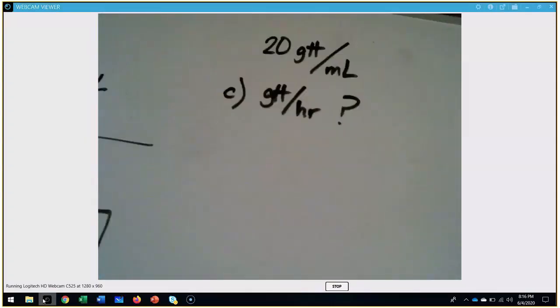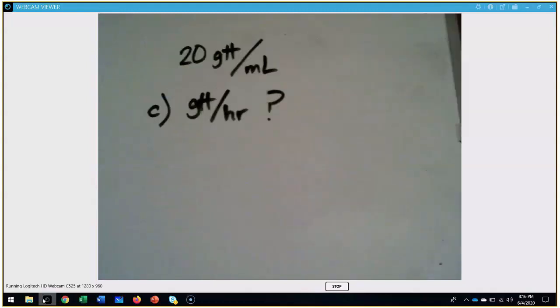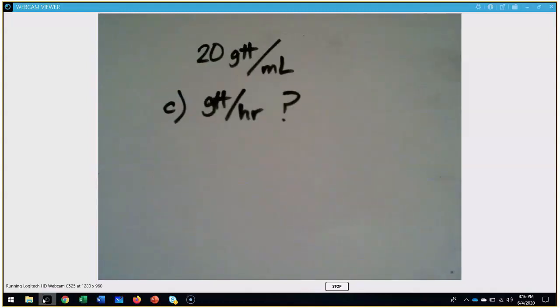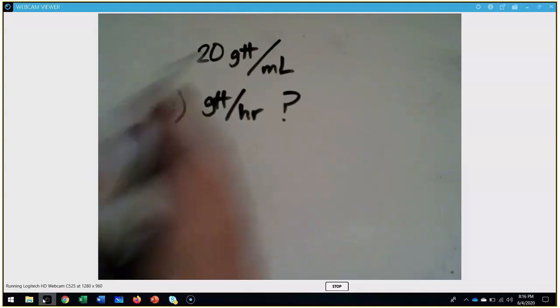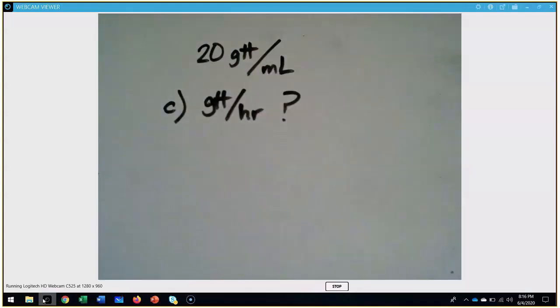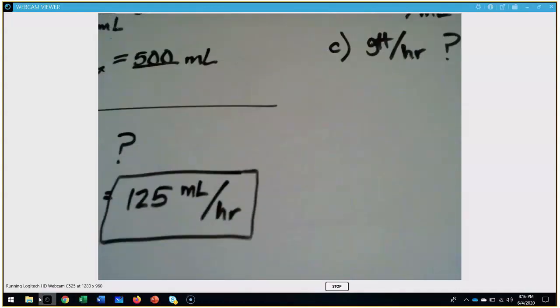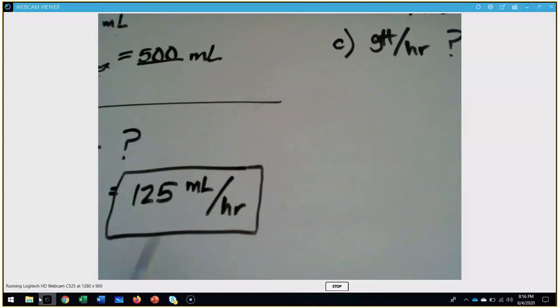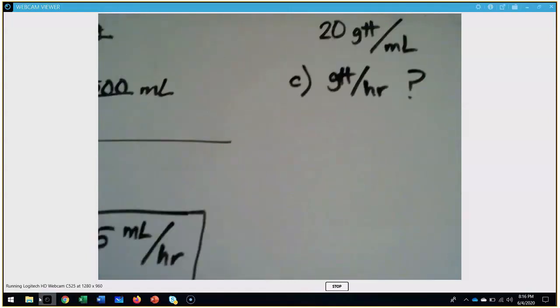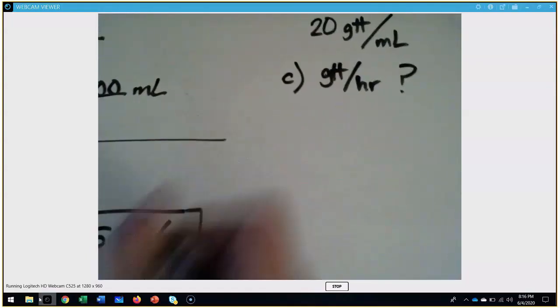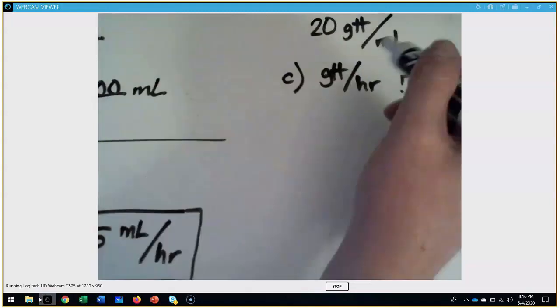Why is this so crooked? There we go. Okay. All right. Kind of like part B, we're going to bring this in with us and use the flow rate that we got in part A and cancel out the milliliters, and that'll give us drops per hour.